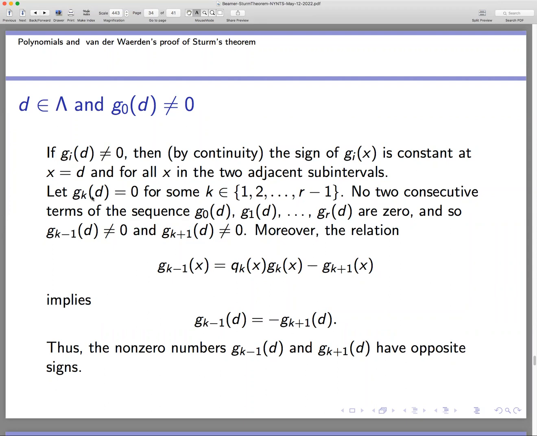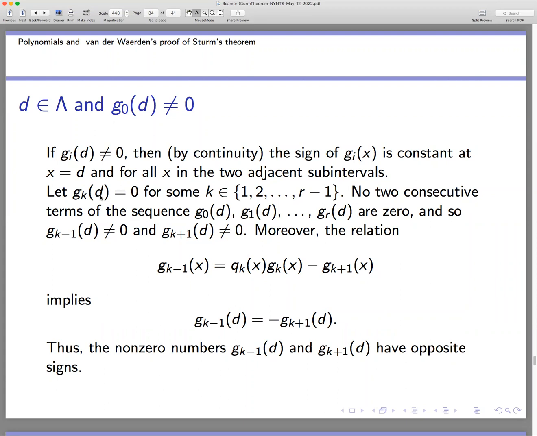But suppose at some k between 1 and R-1, d is a 0 of G_k. We know by the previous remark that no two consecutive terms of this sequence of G's are 0.